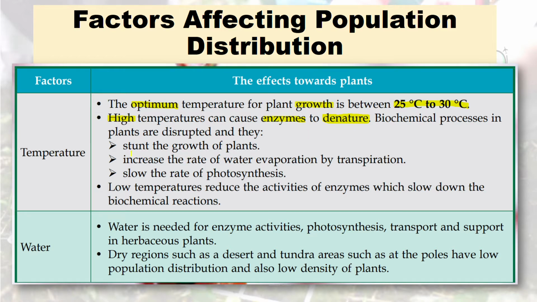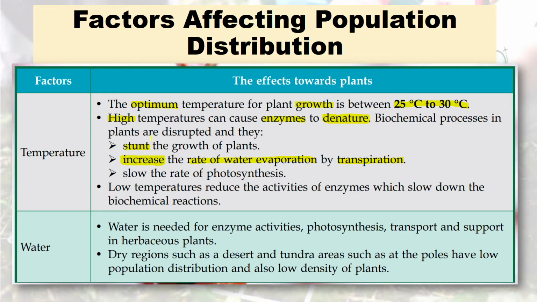Okay, so this is going to cause stunted growth of the plants, and also high temperature, okay, akan menyebabkan the rate of water evaporation, iaitu proses transpirasi terjejas. Terjejas in sense that it is in terlampau banyak, terlampau tinggi kadar transpirasi, so that means the water lost from the plants is excessive, which is very bad to the plants.